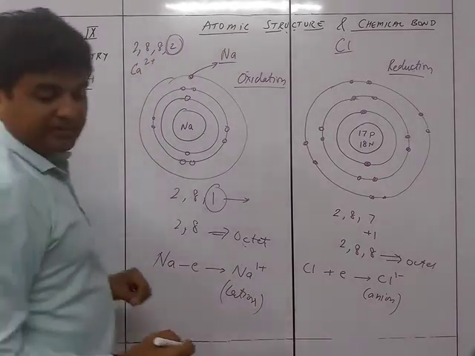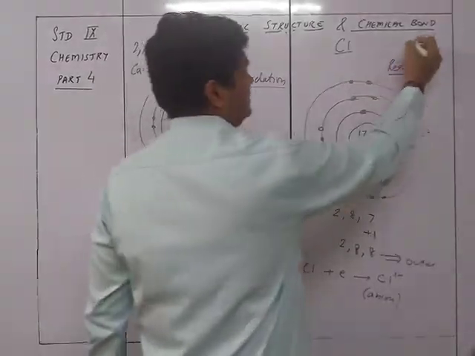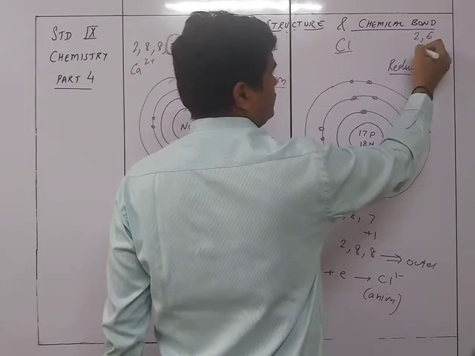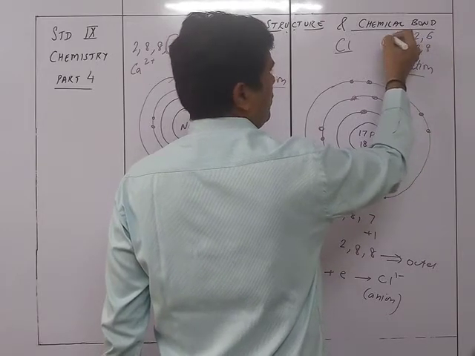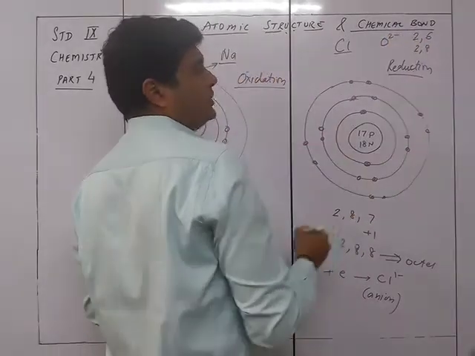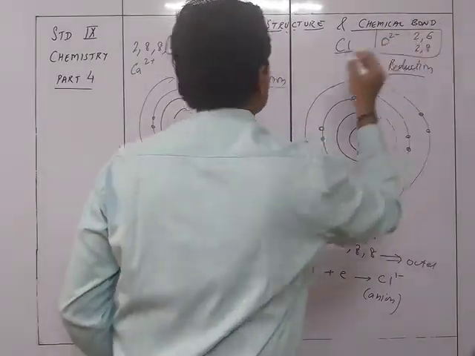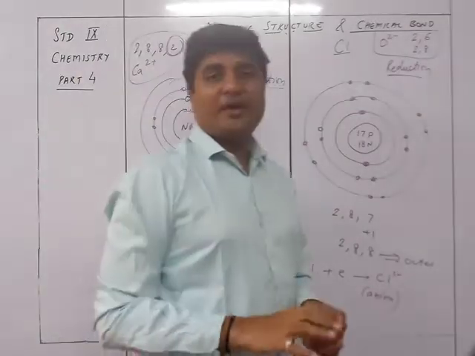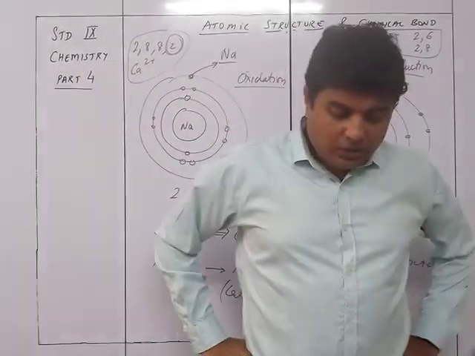Similarly, oxygen is 2, 6. It is going to gain 2 electrons to become 2, 8. So it becomes O2 minus. These are other examples of the formation of anions and cations.